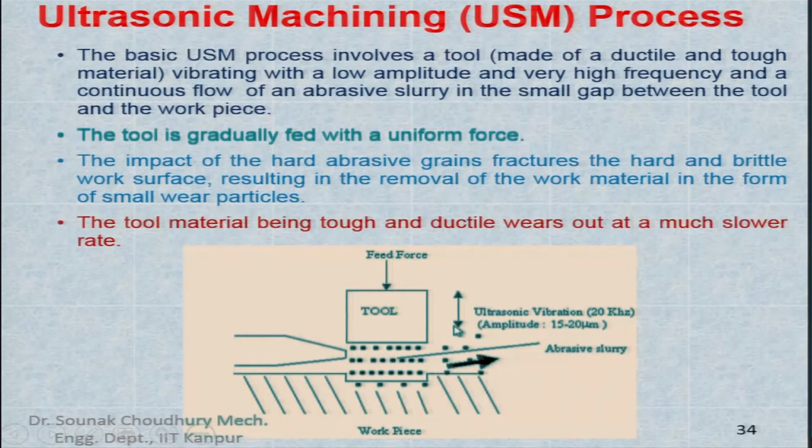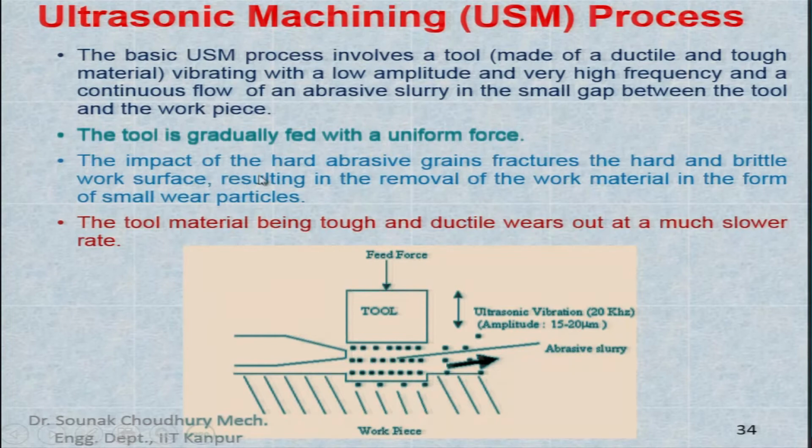This arrow shows the way the tool vibrates, with a very low amplitude. It cannot be seen with normal eyes. And it has a very high frequency also, 20-25 kilohertz.